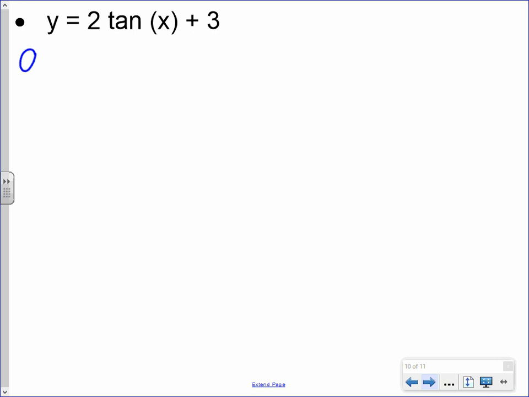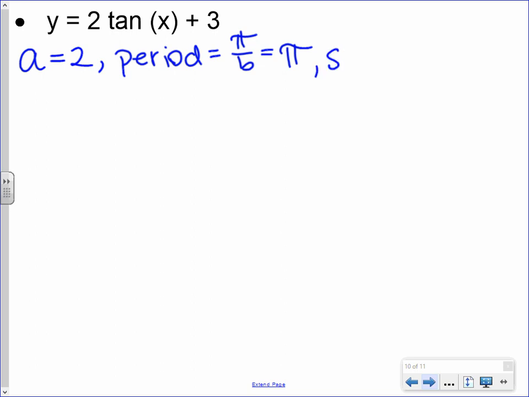All right, our A is 2. We are not going to identify it as amplitude, but it will help us with our frame. The period we find by taking pi divided by b. Since b is 1, that means our period is pi. Our starting point will never change. It is still c over b comma d.